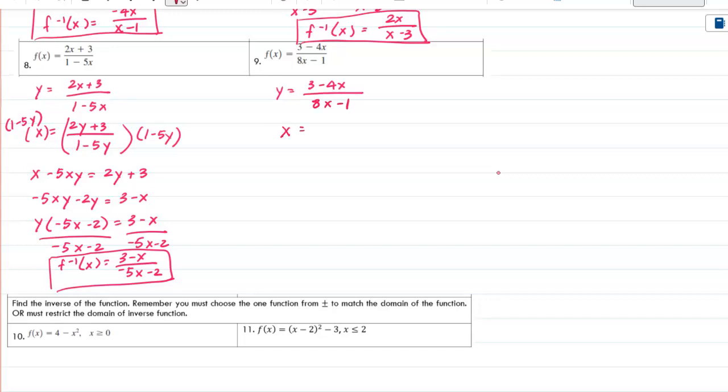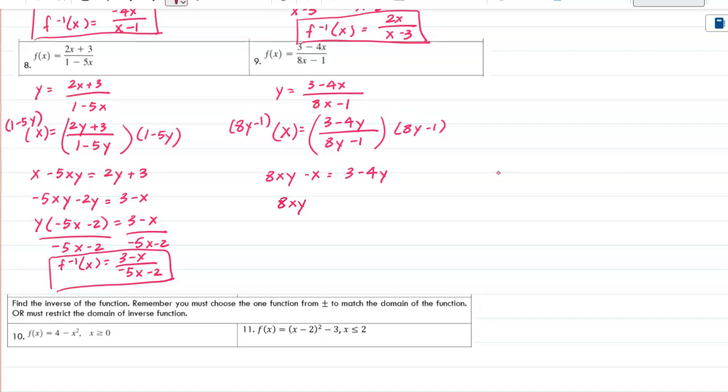Y equals 3 minus 4x over x. Switch the x's and y's. Multiply by the denominator. Distribute the x. You're left with the numerator.